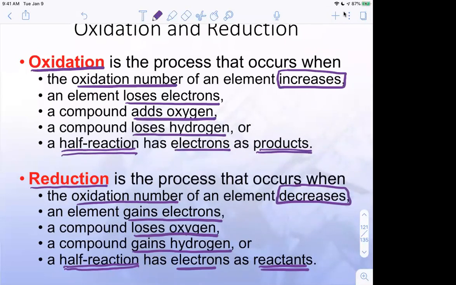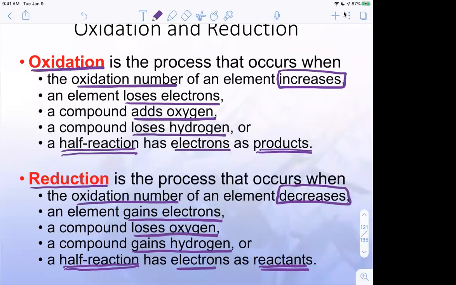These are all ways that you can keep track of what's happening in a reaction that is a redox reaction. These different rules allow us to assess what's happening. In organic chemistry, for example, I am going to use this add oxygen and/or lose hydrogen as a classic sign of oxidation, and the lose oxygen and/or gain hydrogen as a classic sign of reduction.